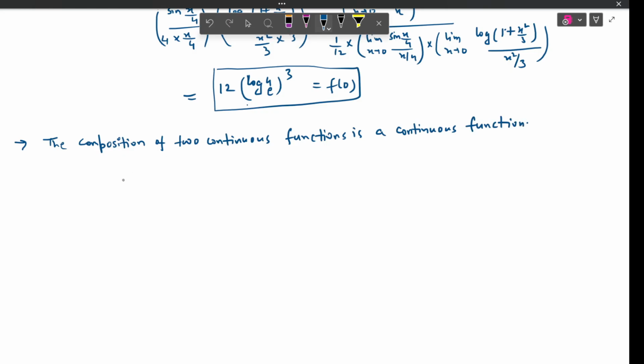That means g of f and f of g, composition. These things are known as composition of functions, right? So f o g and g o f are continuous.